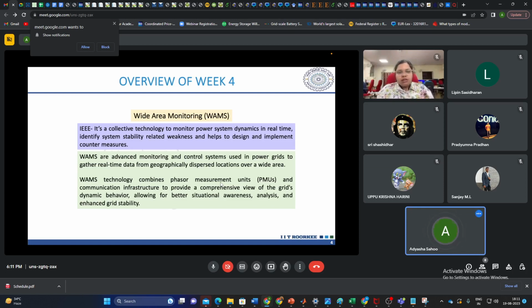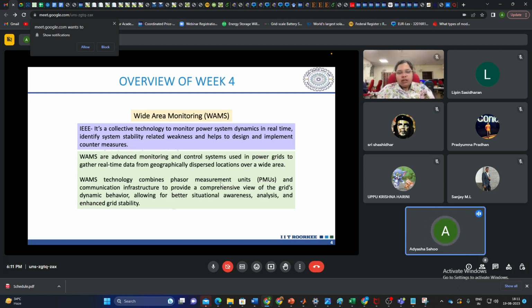So basically, these are advanced monitoring and control systems used in the power grids to gather real-time data from a wide geographical area. And the technologies that are being used here: firstly, we have the phasor measurement units, that is PMUs, which will sense the data.